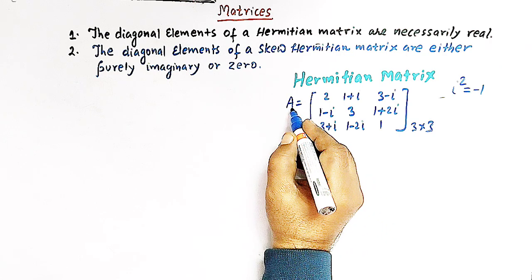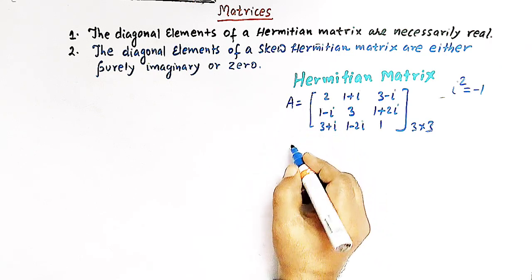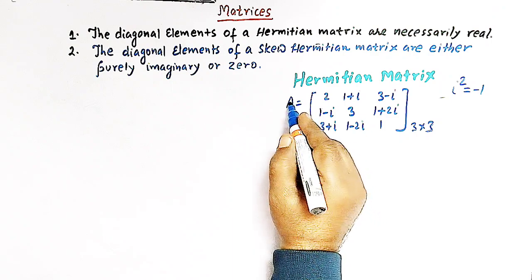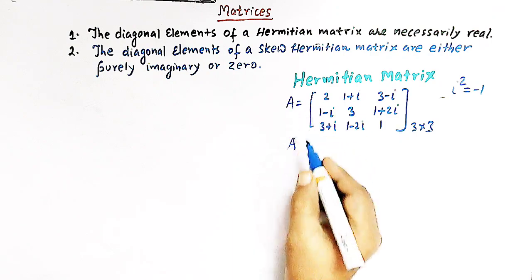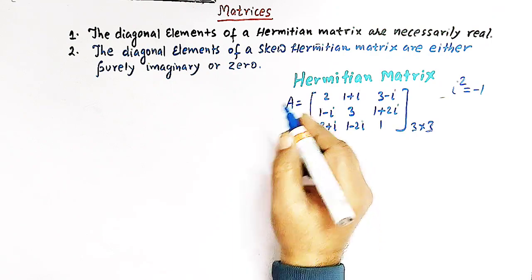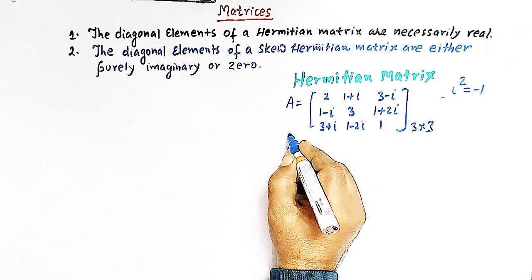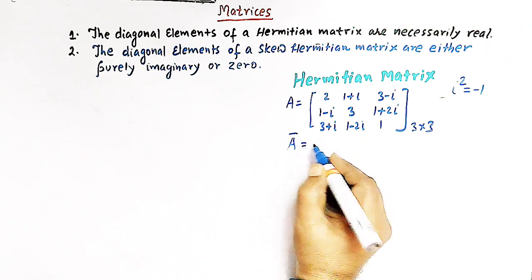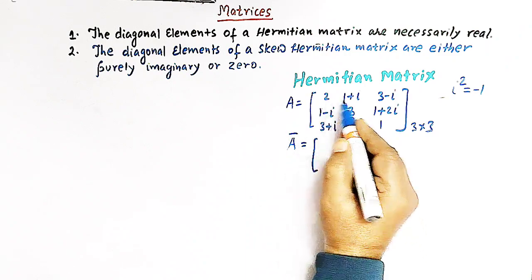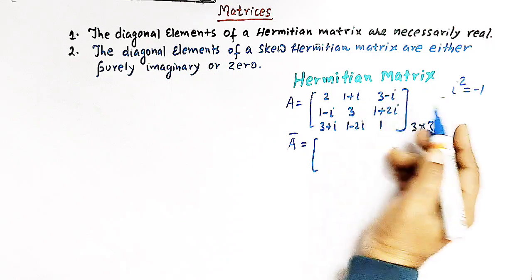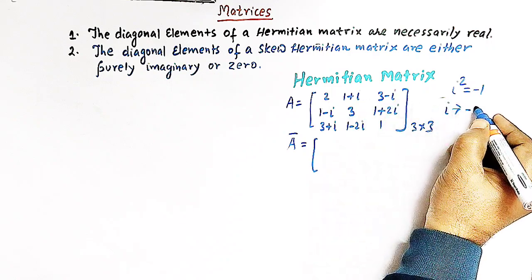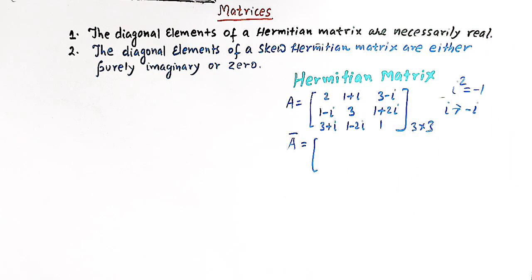So let us first find out the complex conjugate of this matrix A. We can denote the complex conjugate by A bar, and here we replace all the i's by negative i to get the complex conjugate.